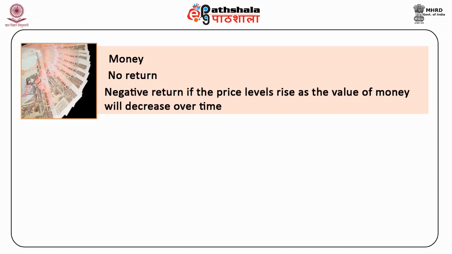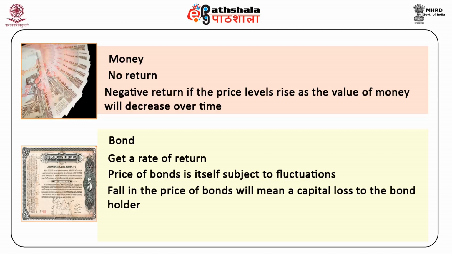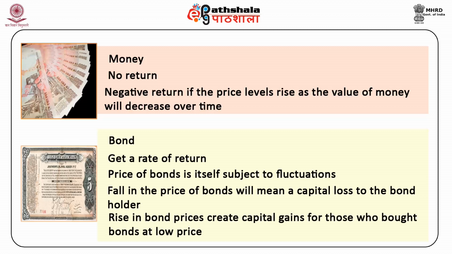An individual who holds his income in the form of bonds will get a rate of return, but the price of bonds is itself subject to fluctuations. A fall in the price of bonds will mean a capital loss to the bondholder, while a rise in bond prices creates capital gains for all those who bought bonds when price was low.